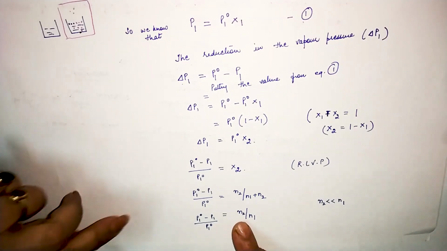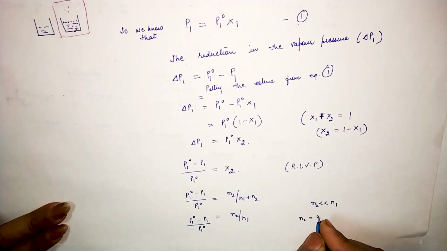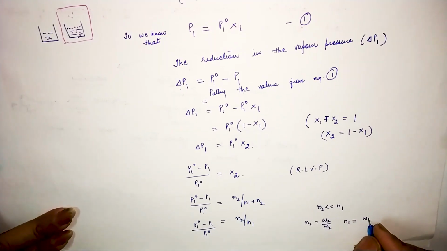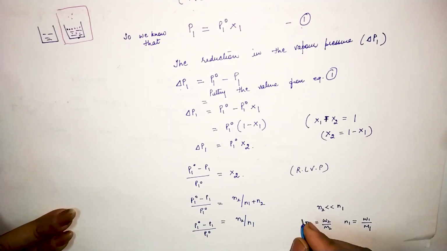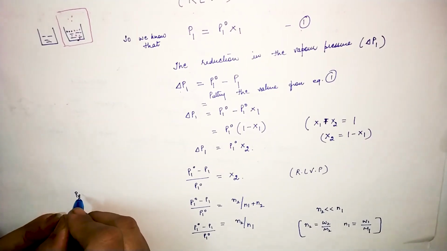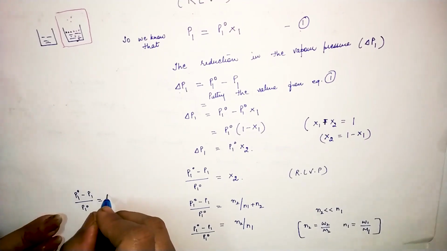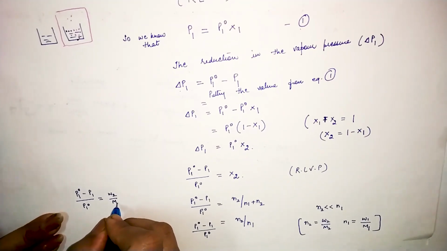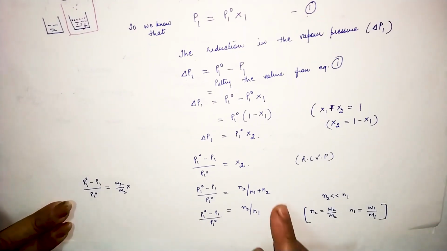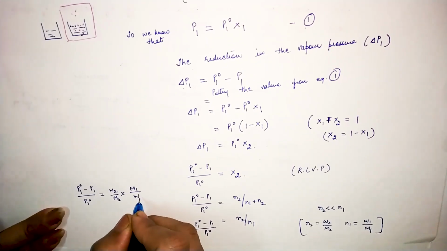Now in terms of molar mass, N2 is given mass upon molar mass, and N1 will be given mass upon its molar mass. So if we put the value in this equation, we'll get P1 naught minus P1 upon P1 naught is equal to W2 upon M2 into, this is W1 upon M1 on the lower side, so M1 will go up, so I can write M1 upon W1.